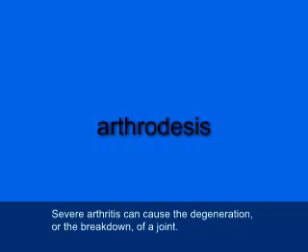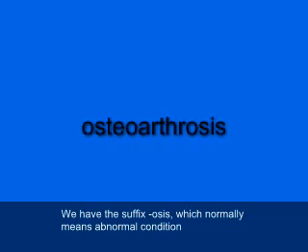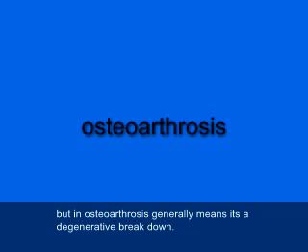Severe arthritis can cause the degeneration or the breakdown of a joint. And usually the term that's used for that kind of degeneration or breakdown is osteoarthrosis. We have the suffix OSIS, which normally means abnormal condition, but osteoarthrosis generally means the degenerative breakdown.